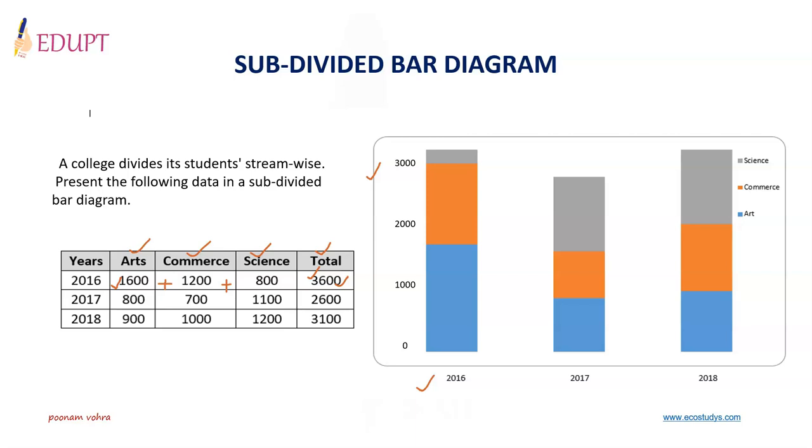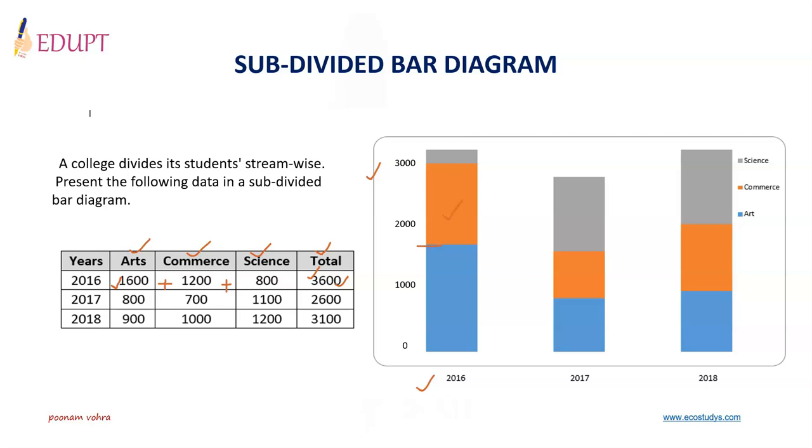Now this is a scale. So 1600 is marked here. That means component of the bar in blue shows the number of students in arts. Then you can show 1200 students in commerce. That is beyond 1600. You need to add 1200 students in commerce.